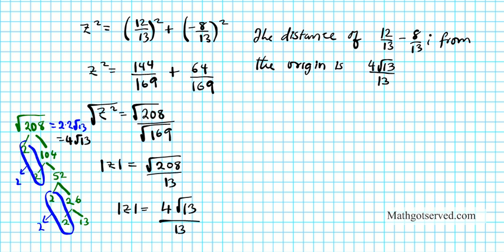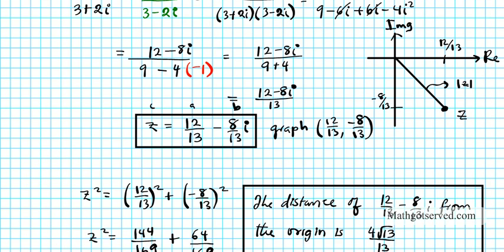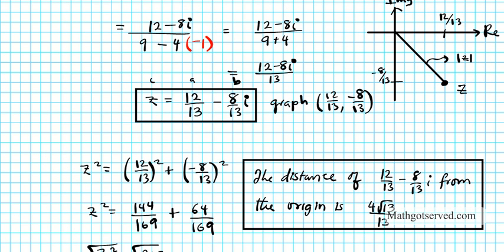Okay? So that's basically the distance from the origin using the Pythagorean theorem on the complex number that we arrived at. Okay? So we can include the significance of this on the graph also. Norm z up there is 4 root 13 over 13. So I can put it down here, 4 root 13 divided by 13. And then z, my complex number, is 12 over 13 minus 8 over 13i. Okay? So there you have it.